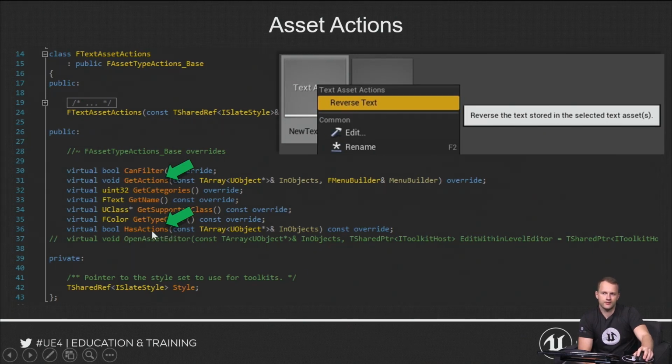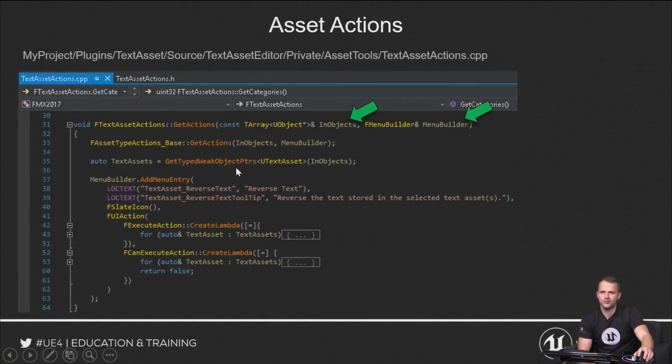As the name suggests, HasActions simply returns whether or not the passed in objects should display any type of context menu action that our asset action class provides. And then if this function returns true, the editor will actually call GetActions, which will then allow our class to extend the context menu.